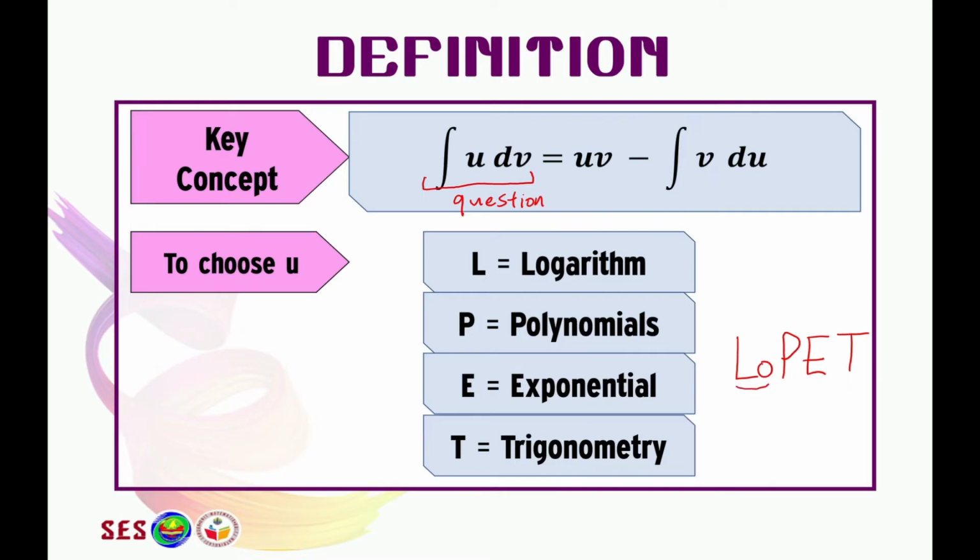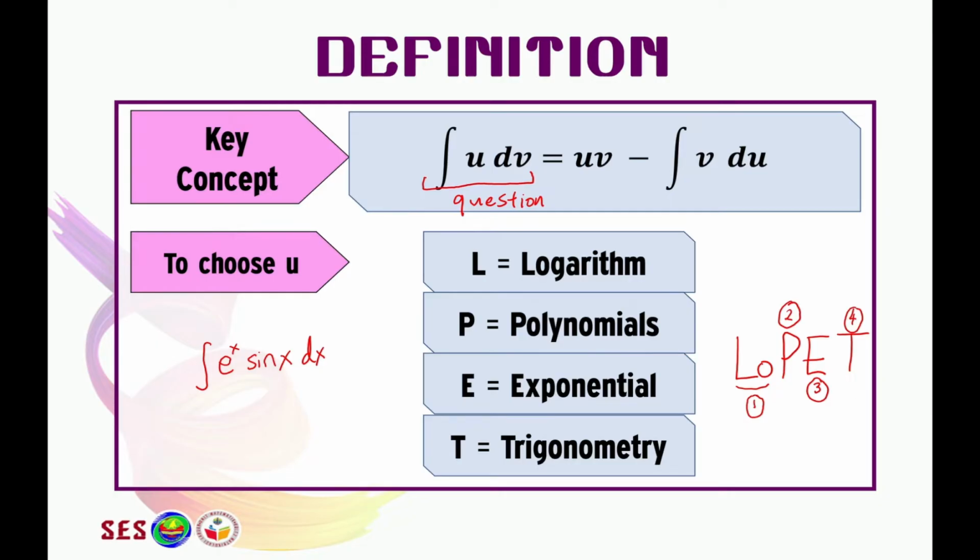Lo stands for logarithm. This is our first option. P is for polynomial. This is our second option. E is our exponential, third option, and T is trigonometry, our fourth option. So let's say in that integration, I have integration of e^x sine x dx. In every integration question, by now you should be able to recognize the functions.